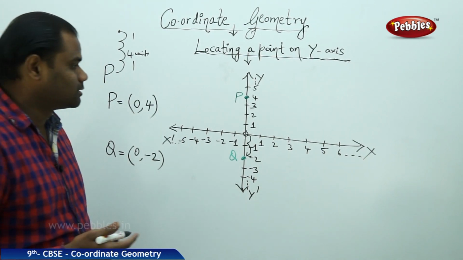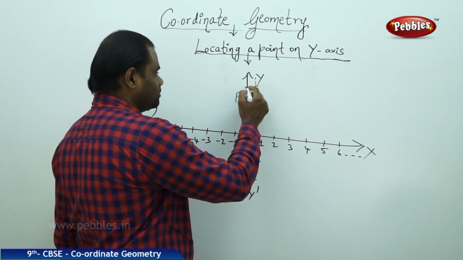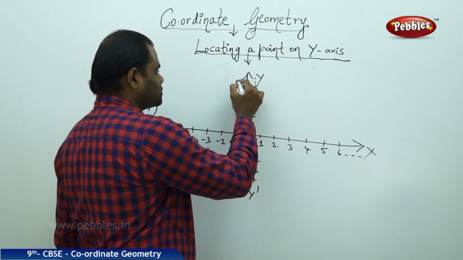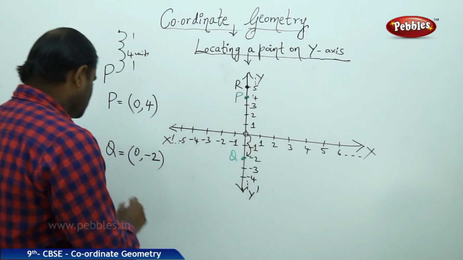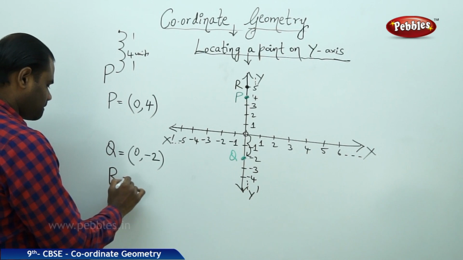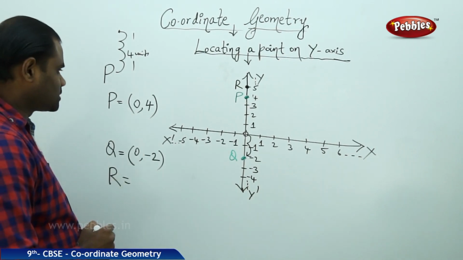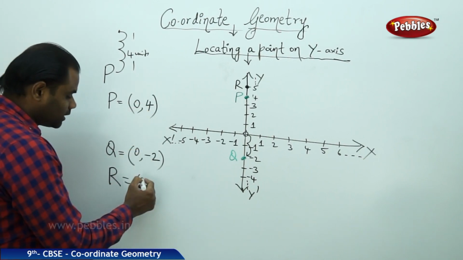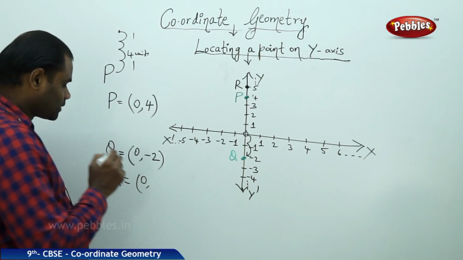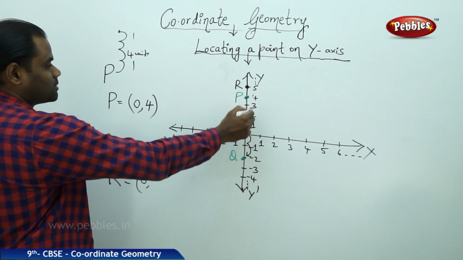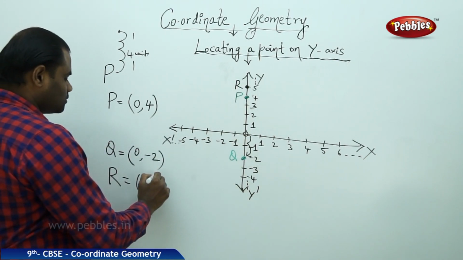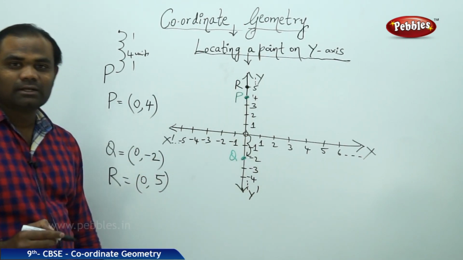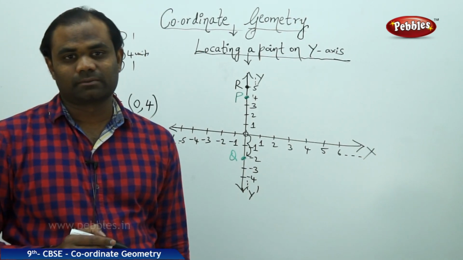Let's investigate with one more example. Say I take this to be R. Let's see the coordinates of R. My R coordinates do not change in x, as in the case of P and Q, and hence x remains the same, and then my y coordinate jumps 5 units to the top, so the positive 5 comes into the y coordinate.